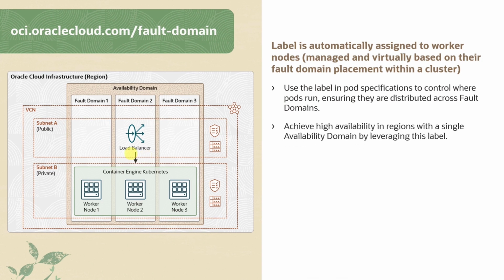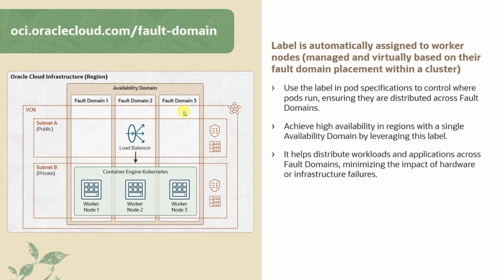In regions with a single availability domain, employing the oci.oraclecloud.com/fault-domain label becomes crucial for achieving high availability. This label helps distribute workloads and applications strategically across fault domains, mitigating the impact of potential hardware or infrastructure failures.